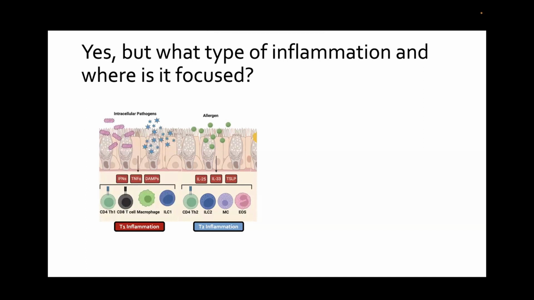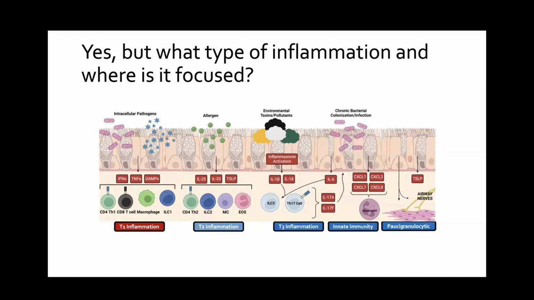Once you're outside of the T2 realm, there's a bunch of different choices, and this includes T1 inflammation. That's classically interferon-derived inflammation, and it's thought to be related to cytotoxic T cells, macrophages, and ILC1s. But then you also have this whole other area of T3 inflammation.